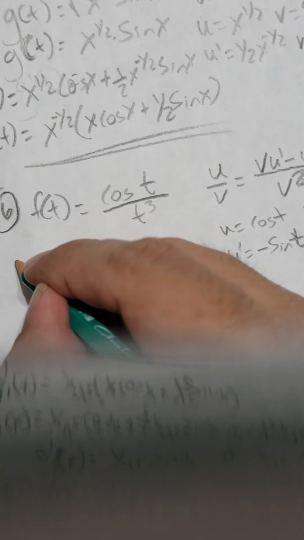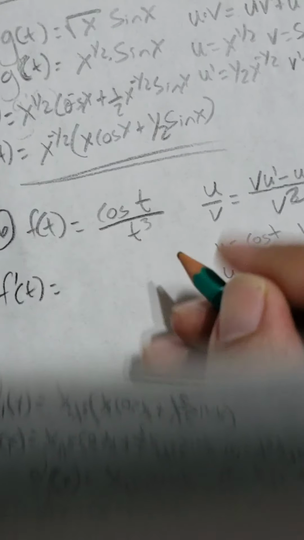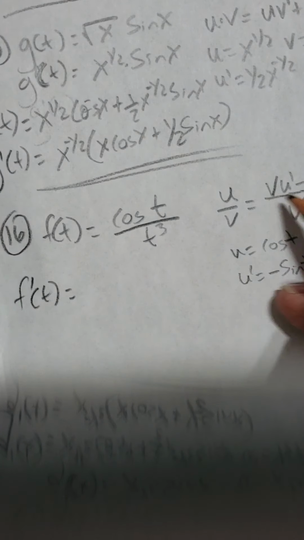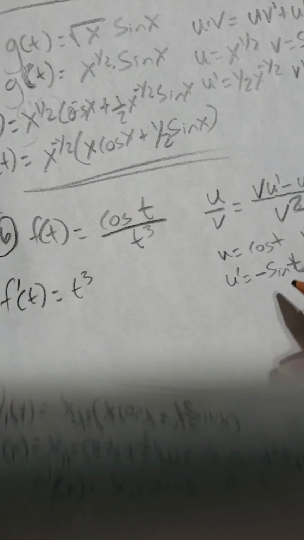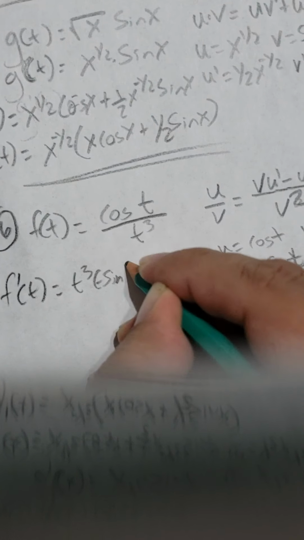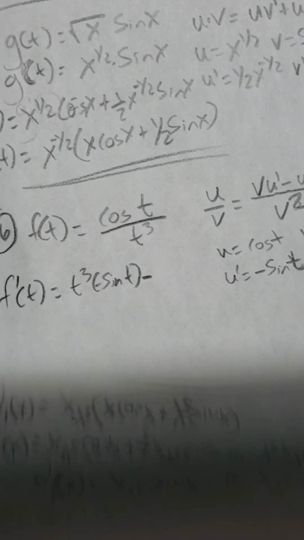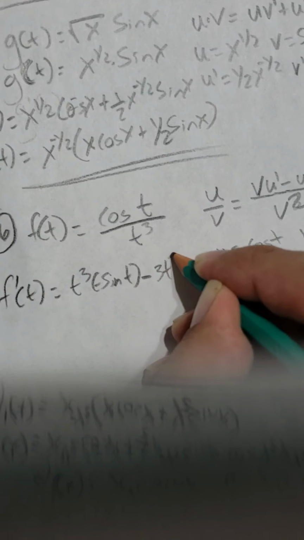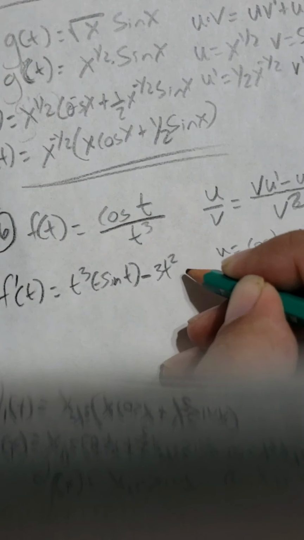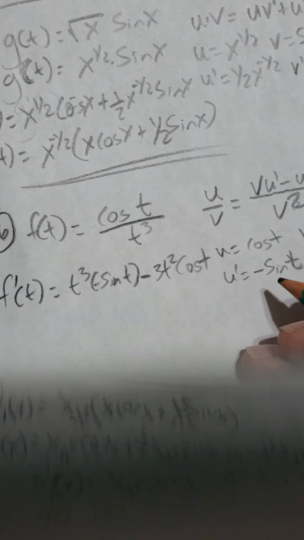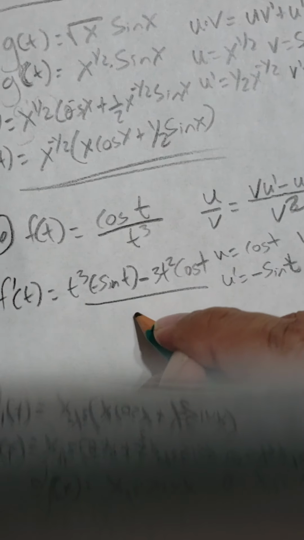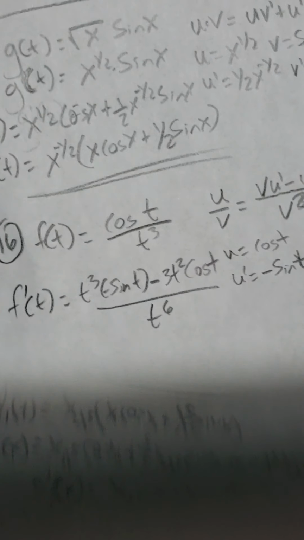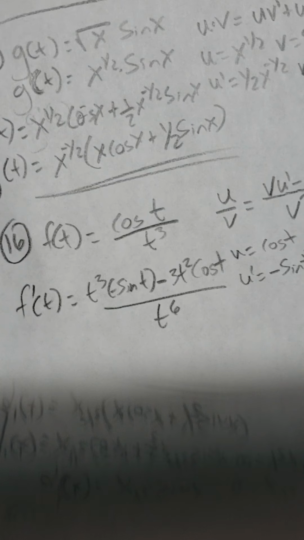We will have f prime of t equal to v original, that is t to the 3rd power, multiplied by u prime, that is negative sine t, minus the derivative of v, that is 3t to the 2nd power, multiplied by the original u, that is cosine of t, all over t to the 2nd power, that will be t to the 6th power. Basically, that is the derivative.